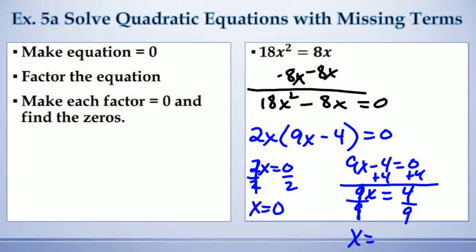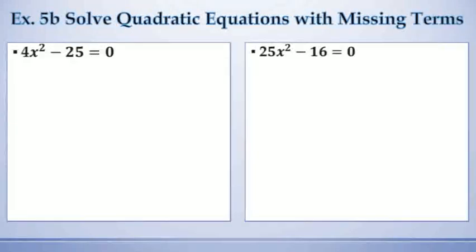X equals positive 4/9. So the solution set to this one, x can be 0, and it can also be 4/9. Let's do one more, and then you can do the next one yourself.